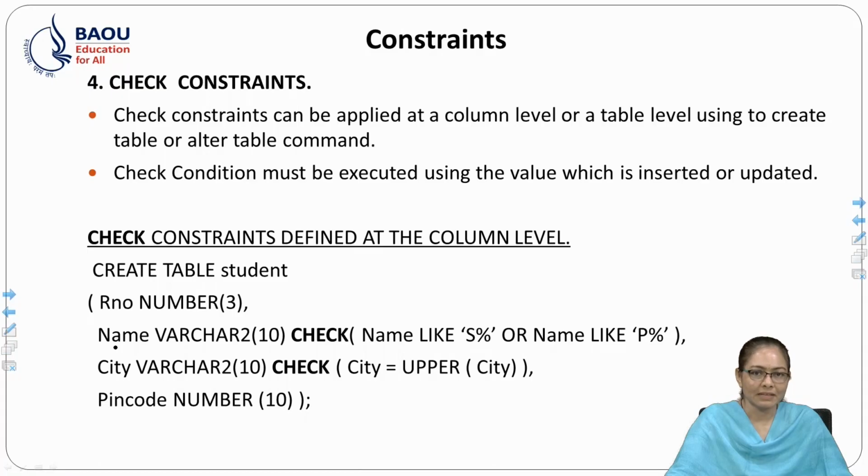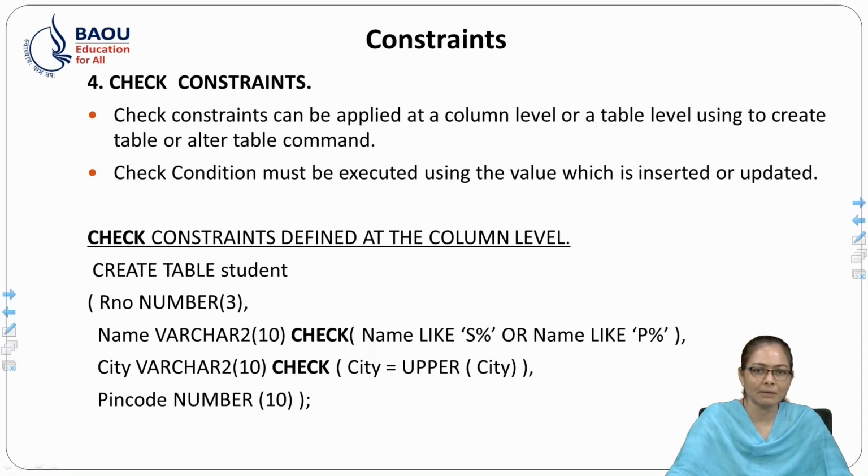Here we apply the check constraint on the name column. Name varchar2 in brackets 10, then check in brackets, column name, name like in single quotation S and then percentage.